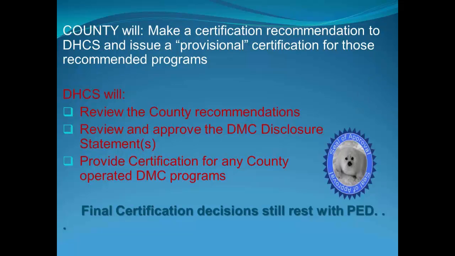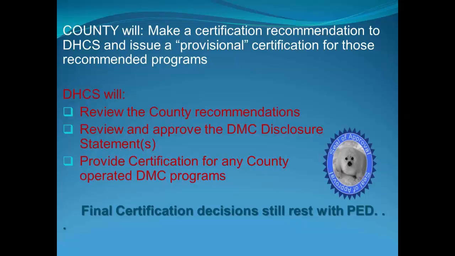So the county will make a certification recommendation to DHCS. Your process is, again, selection, some way of selecting or inviting providers in. Every provider must be drug Medi-Cal certified. So if they aren't certified or they require recertification, it's going to be the county's role to do that initial application process, again, with the exception of the drug Medi-Cal.